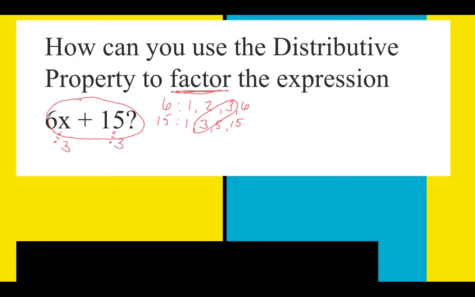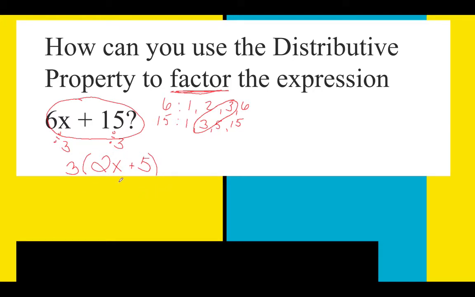Now, when I do 6x divided by 3, I am left with 2x. And when I do positive 15 divided by 3, I'm left with a positive 5. Now, since I factored out the 3, I'm going to indicate that here. And again, it's the distributive property in reverse, right?